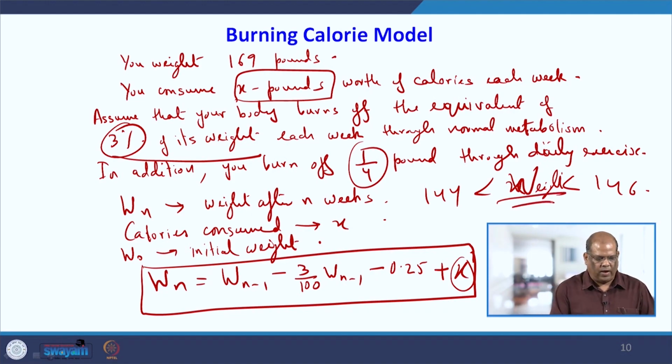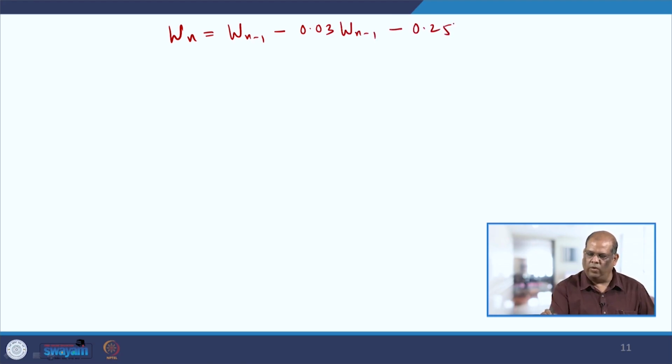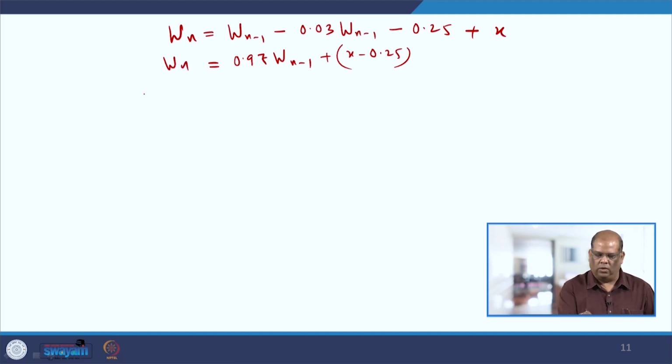So, let us simplify this model. You have Wn equal to Wn minus 1 minus 0.03 Wn minus 1 minus 0.25 plus x. This gives you 0.97 Wn minus 1 plus x minus 0.25. So, your W1 is 0.97 W0 plus x minus 0.25.